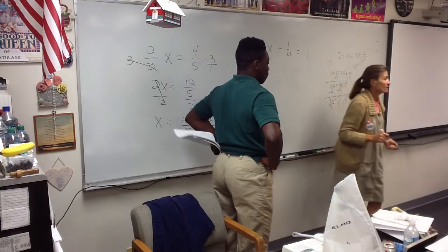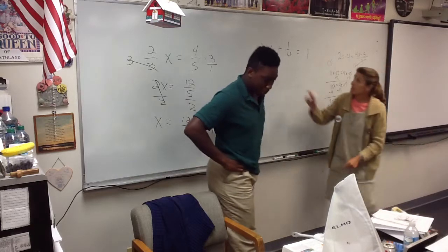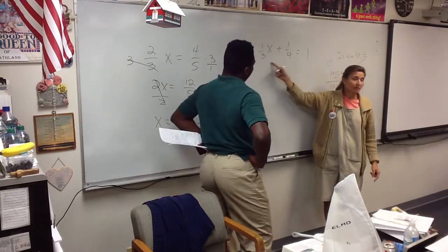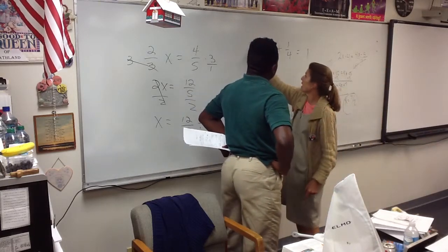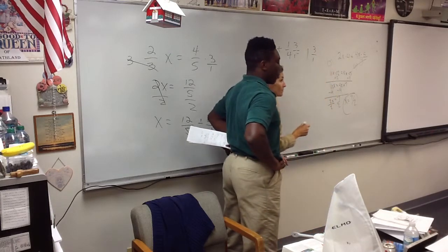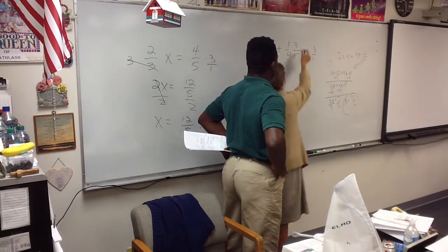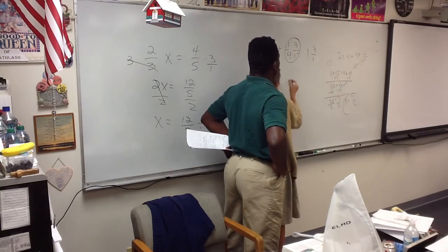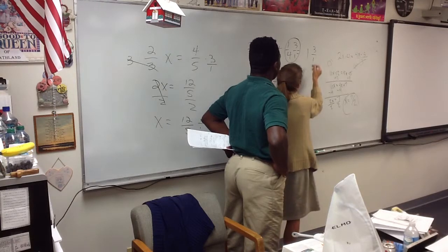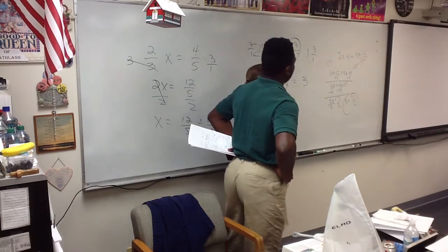He needs to multiply by 3 over 1. Would you agree with that? Yeah. But because of those 2 terms here, he needs to multiply everything by 3 over 1. So this cancels and he has x plus 3/4 equal to, that's a multiply, so that's just gonna be 3 over 1 or 3.